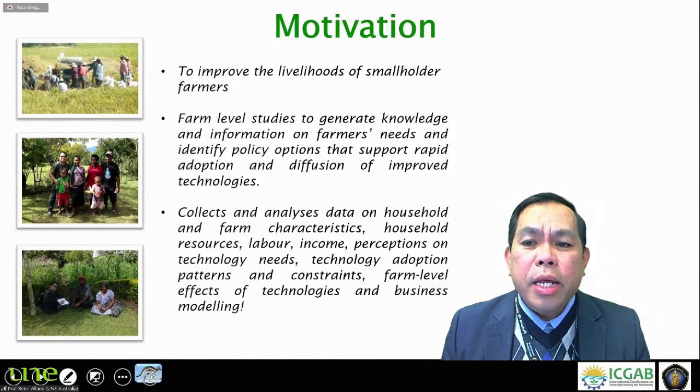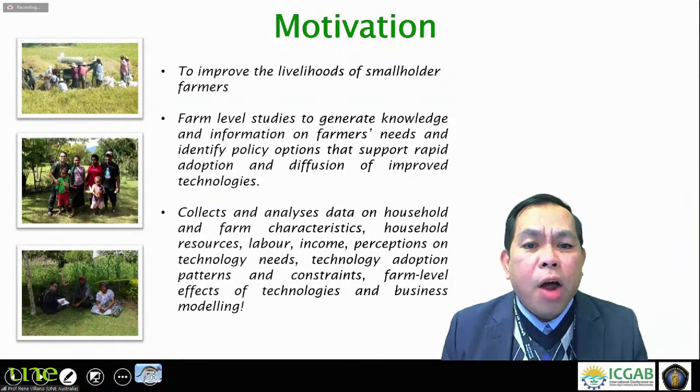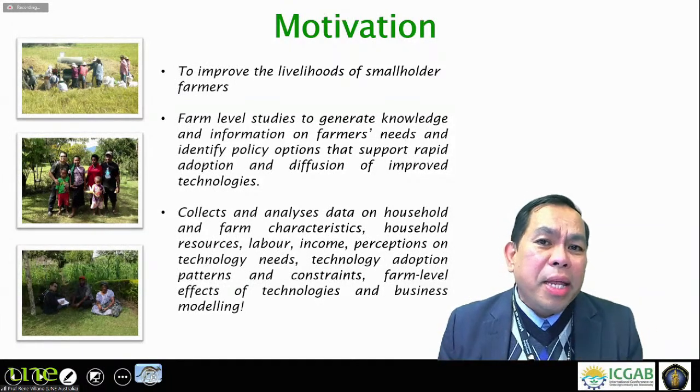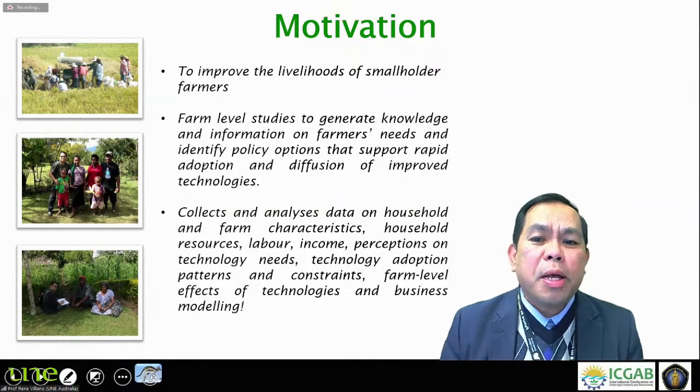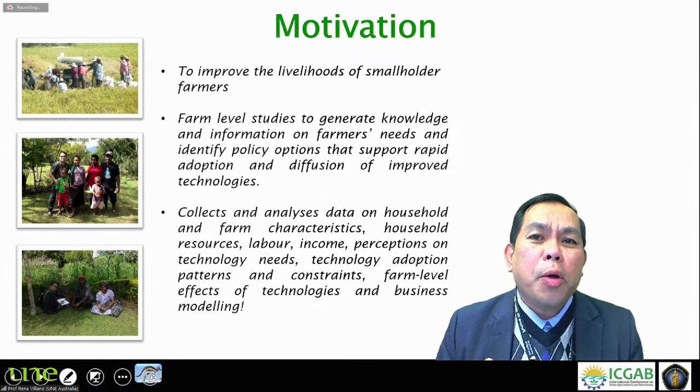What we do here, the core activity, is we collect data from farmers, we analyze them, we examine their household resources, their perceptions, their adoption patterns, and so on, using a combination of a lot of modeling.